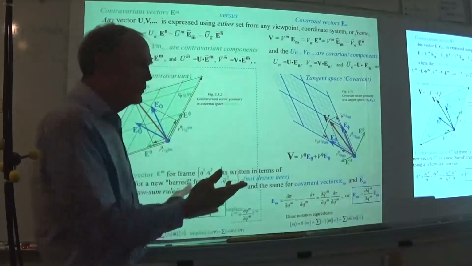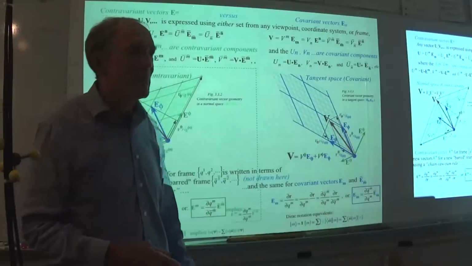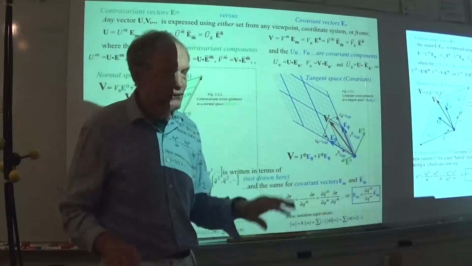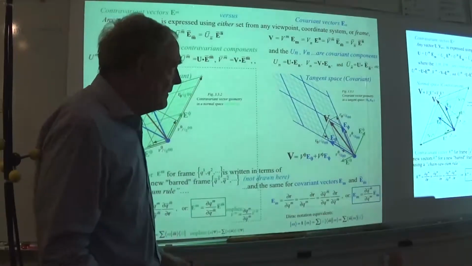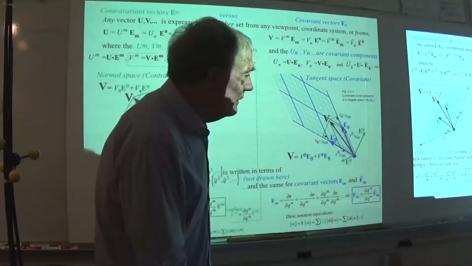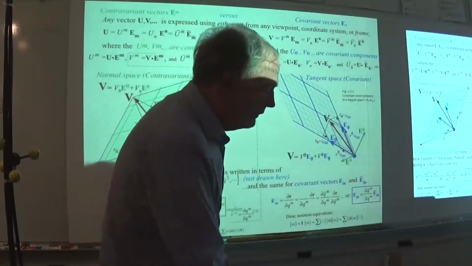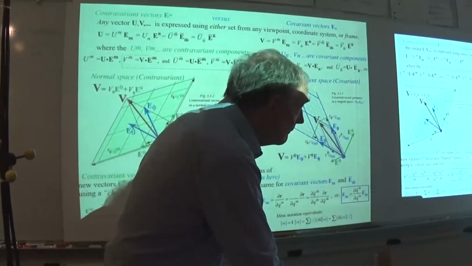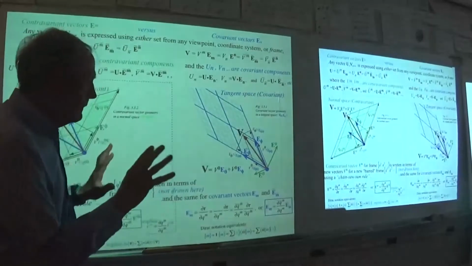But you can use this, and the sums become integrals, provided you use measure and all that kind of stuff.